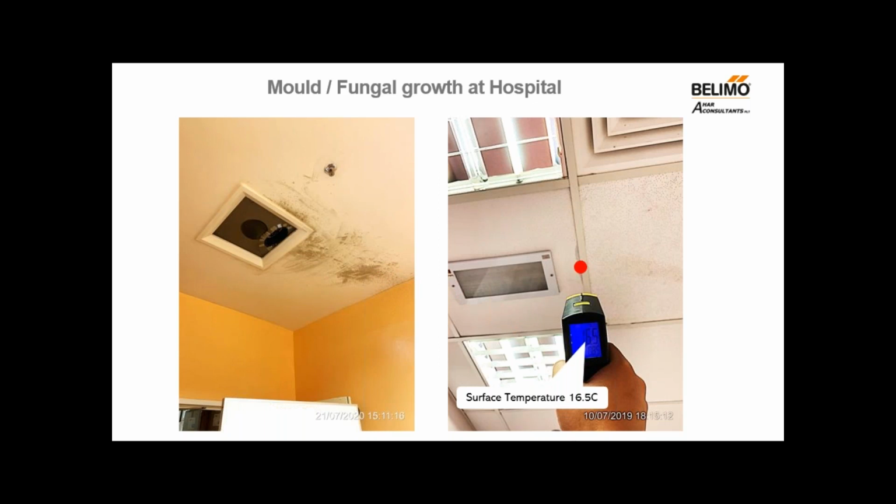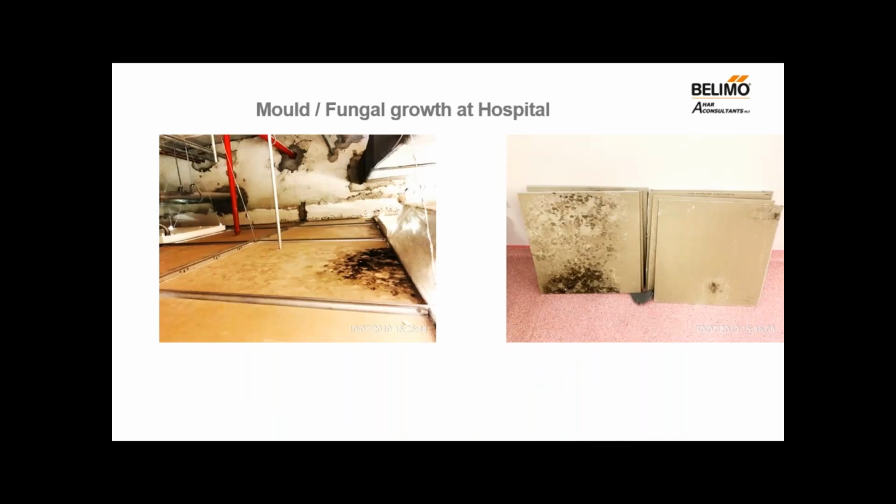And as you can see, the surface temperature is 16.5 degrees Celsius. Also at this hospital, you can see that condensation had occurred on the ceiling tiles inside the ceiling space, which resulted in fungal growth.